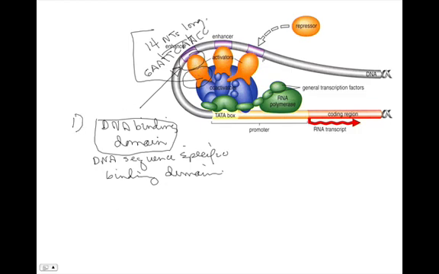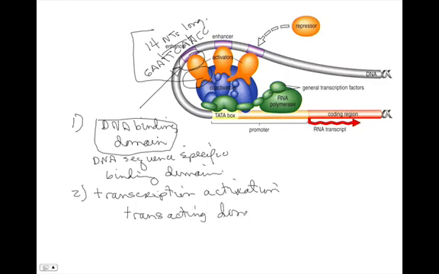So all activators and repressors have a DNA sequence-specific binding domain, and they also have a transcription activation domain. Another kind of poor term because some are activators and some are repressors, but it's typically called the transcription activation domain, or the transactivating domain.